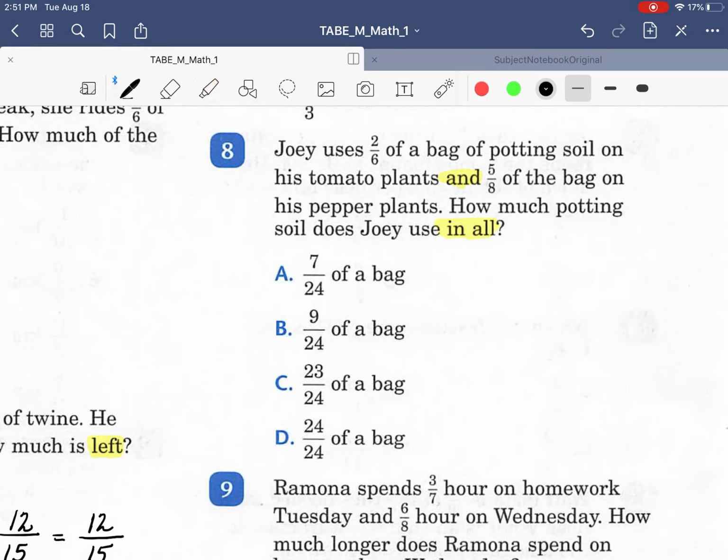How much potting soil does Joey use in all? So this is addition. 2/6 and 5/8. So let's see what we have here for common denominator.